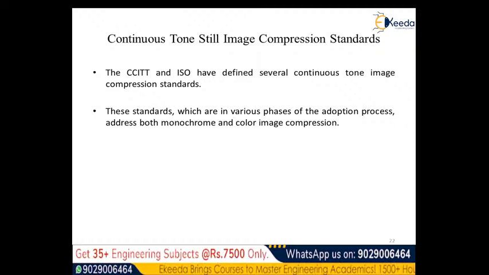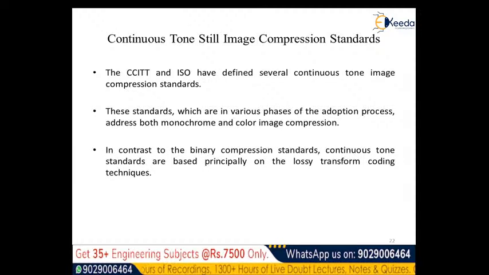I have already discussed that there are basically three categorizations made for the image compression standard. The first one is the binary image compression standard here. So in contrast to the earlier image compression standard, the binary here, this continuous tone standard is basically having the principal focus on the lossy transformation coding technique. And as just now we have completed one of the examples for practice purpose for the JPEG compression and then the reconstruction here, this is belonging to this particular second category.